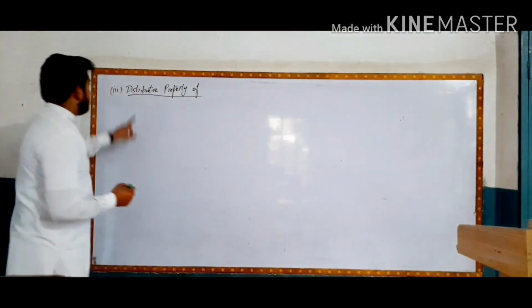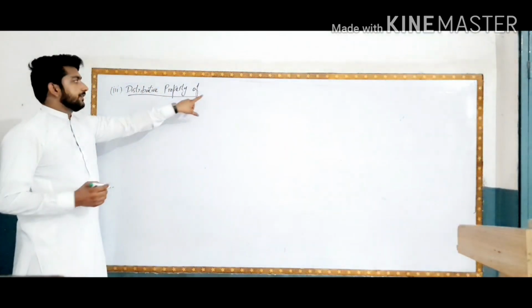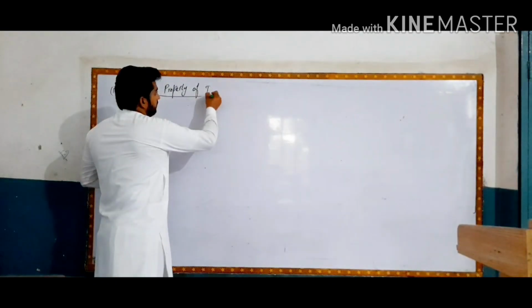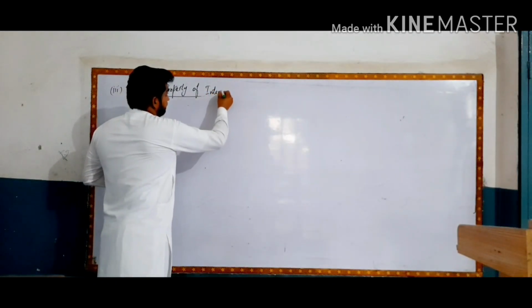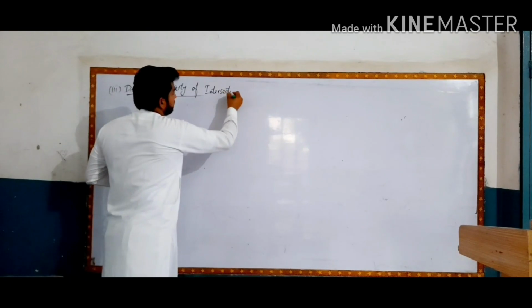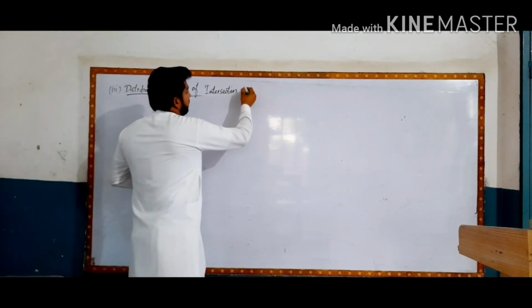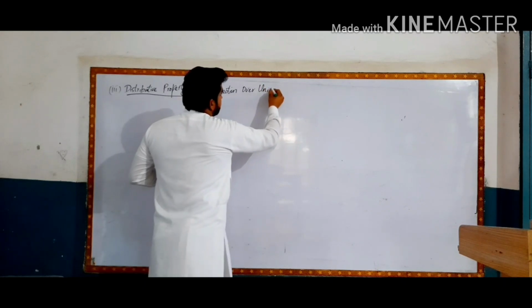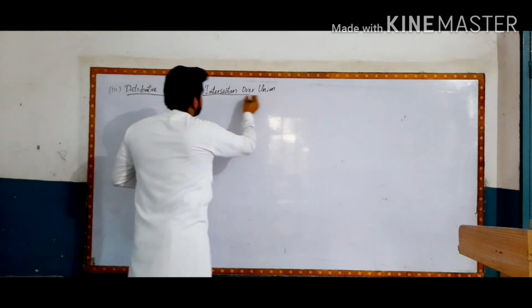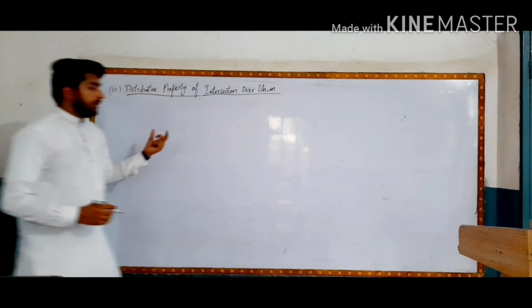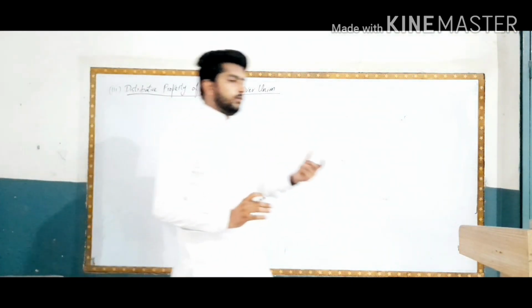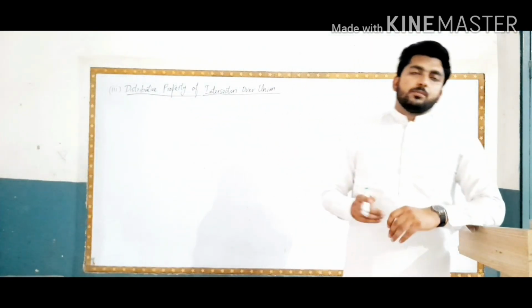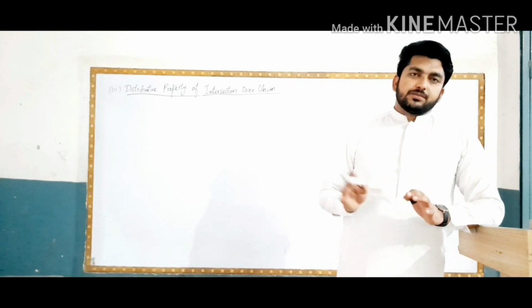Now we have the distributive property of intersection over union. First of all, we already defined this property and now we have to prove it.